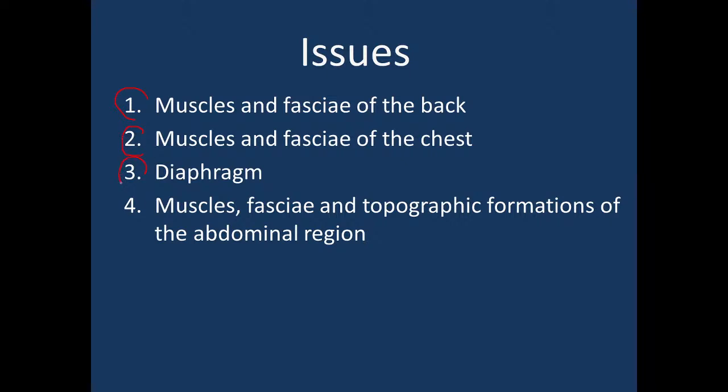We will look at the diaphragm, as it is a separate muscle between chest and abdomen. And then in the end, we will deal with a topic and subtopic or issue about abdominal muscles.